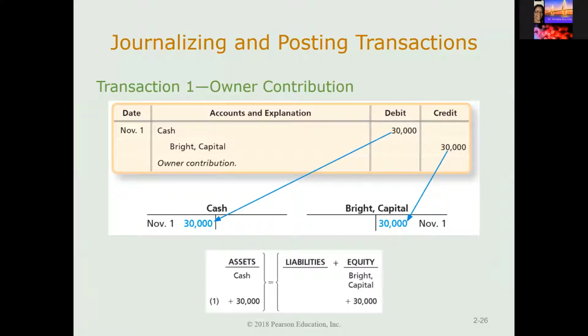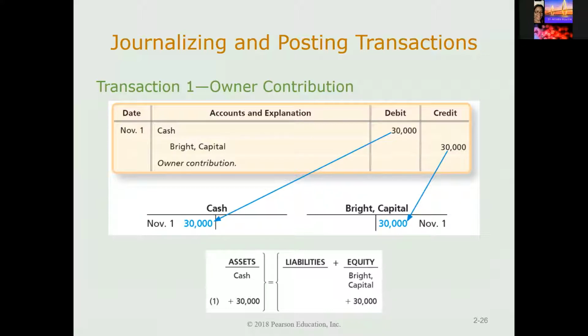In step 4, the journal entry is posted to the ledger. The dollar amounts are transferred from the journal to the ledger with a debit or a credit identical to the debit and credit used in the journal. Now this step is automated when you have a computerized system to record the business transactions.